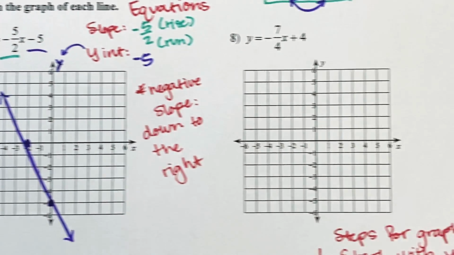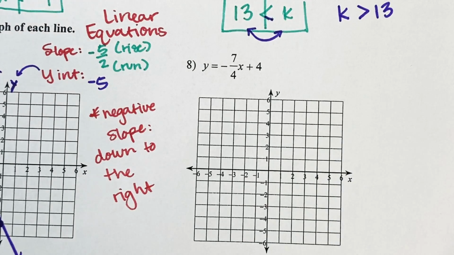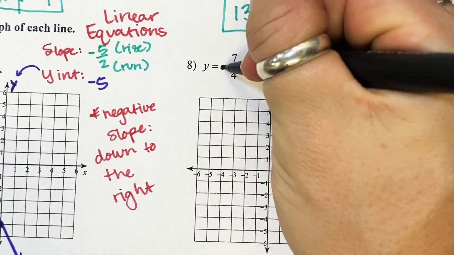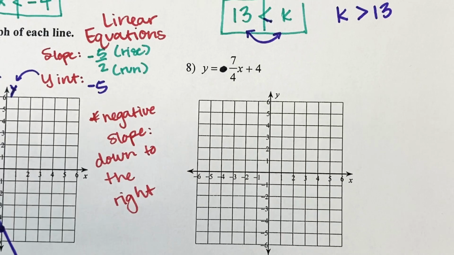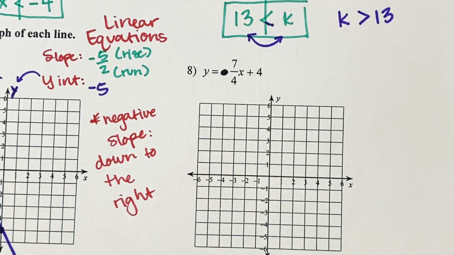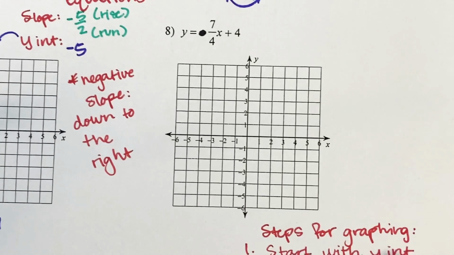Beautiful. Okay, and number 8, I'm actually going to get rid of this negative sign right there. We're just going to treat that like a positive 7/4. But let's do the same exact thing.